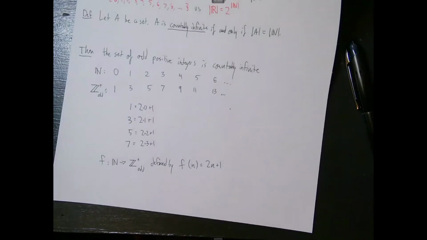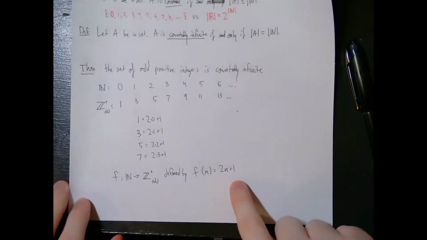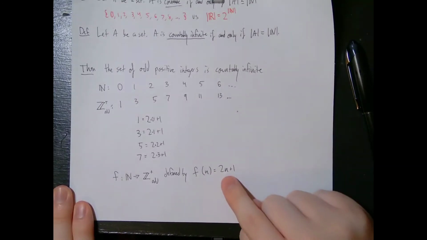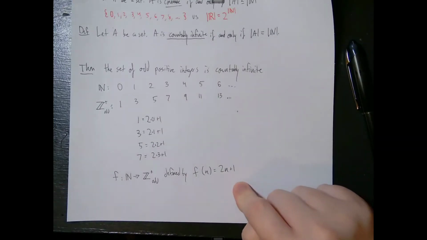And we know that this is a function because it's defined for every single natural number, and the output of this function is guaranteed to be odd by definition. So the codomain of this function is indeed the odd positive integers. I'll include something in the proof to that effect.